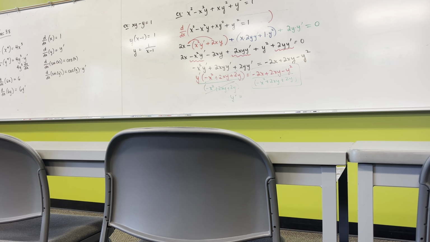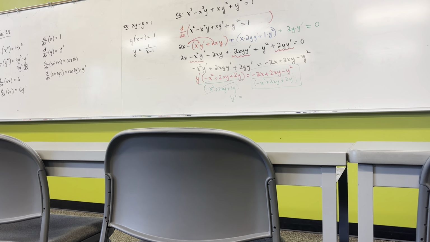So part 2 of this question is if I ask you to find, continuing with that same example, I now ask you to find the slope of the tangent line to the curve x squared minus x squared y plus xy squared plus y squared equals 1 at the point (1, 0).